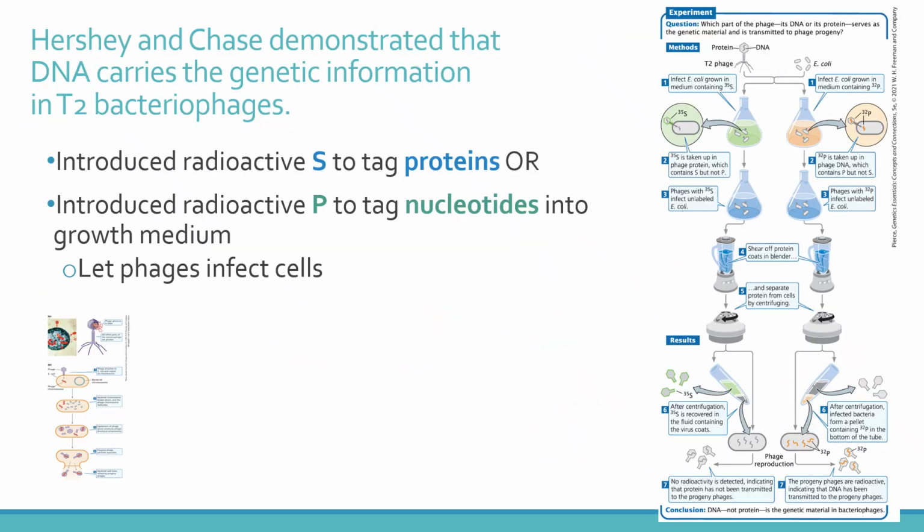Our next experiment is similar to Avery, McLeod, and McCarty's experiment, except that it uses bacteriophage. In this experiment, Hershey and Chase demonstrated that DNA is the genetic material that bacteriophages use to infect their cell.